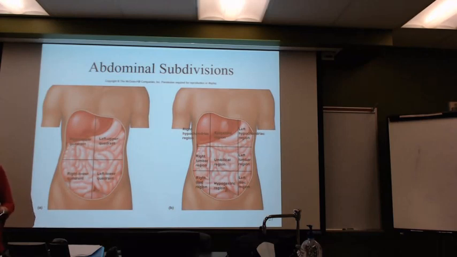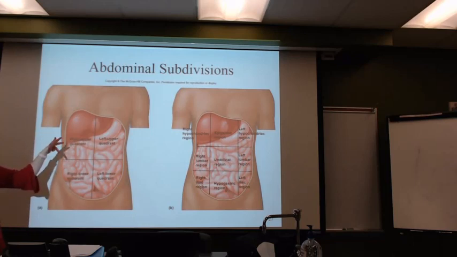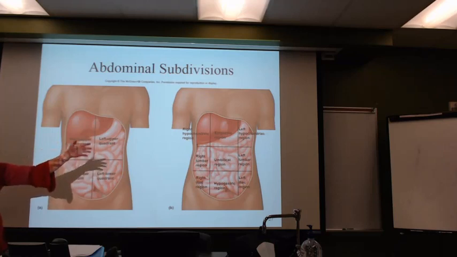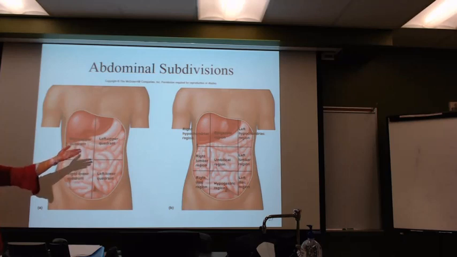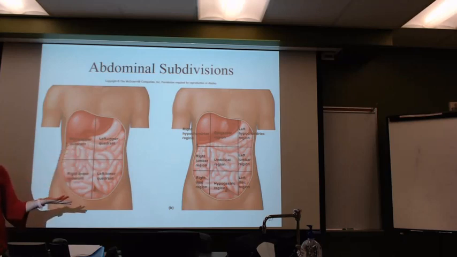All right? So we take the abdomen region, we put it into quadrants, quad, 4, and then those have their regions. Their regions are based pretty much upon what is occurring in that area. Like, for example, epigastric, that's familiar with being the stomach.